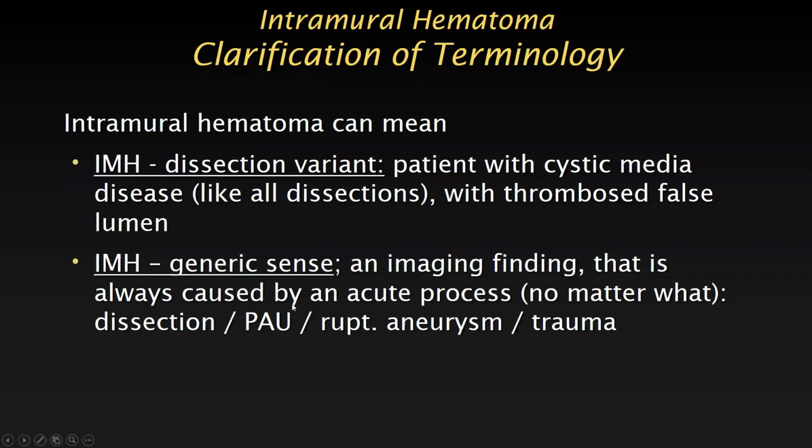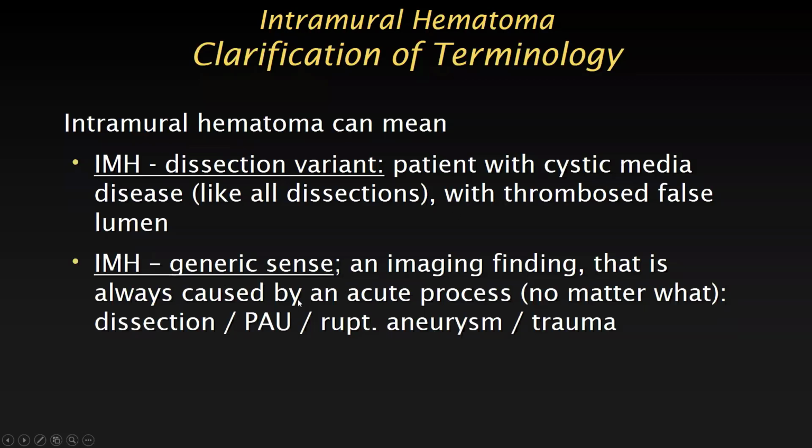So you can have an IMH or intramural blood associated with a PAU. You can even have intramural blood associated with a rupturing aneurysm or even with trauma. And this has nothing to do with patients who have cystic media disease.